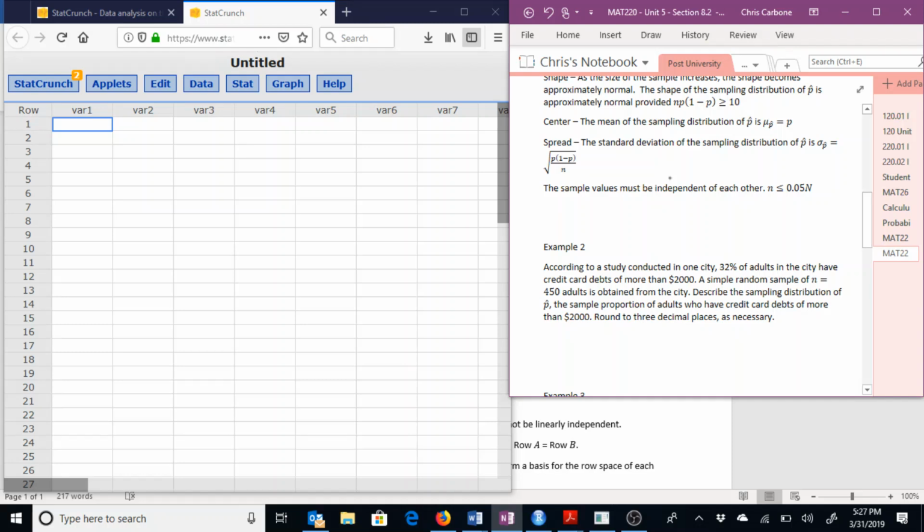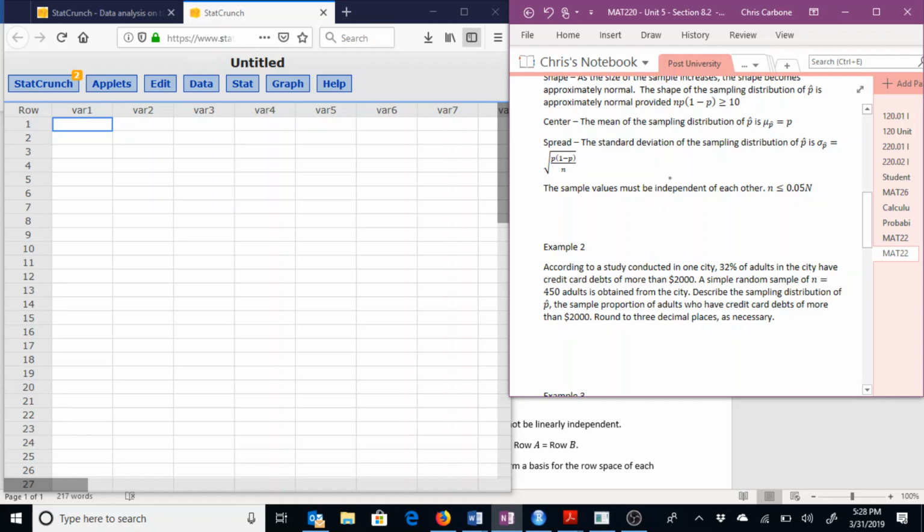And in order for us to have independence, we need the sample size to be less than or equal to 5% of the population size, although for a lot of these questions, unfortunately, it has to be an assumption, although if you are given the population size, you could certainly verify that assumption.